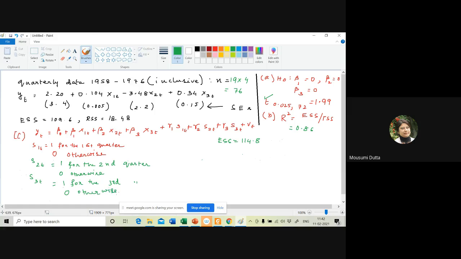So this is the meaning of the 3 seasonal dummy variables.